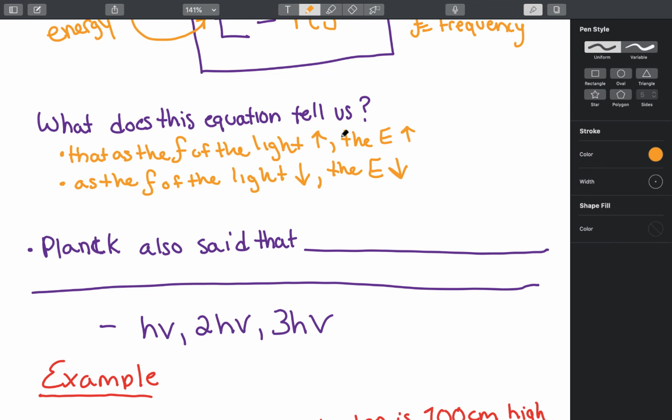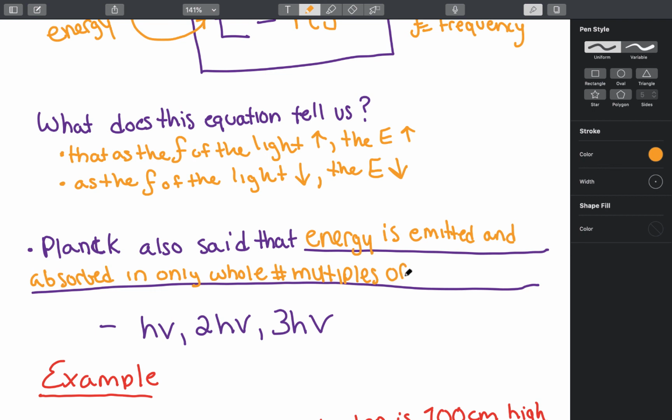Planck, though, also said that energy is emitted and absorbed in only whole number multiples of quanta.